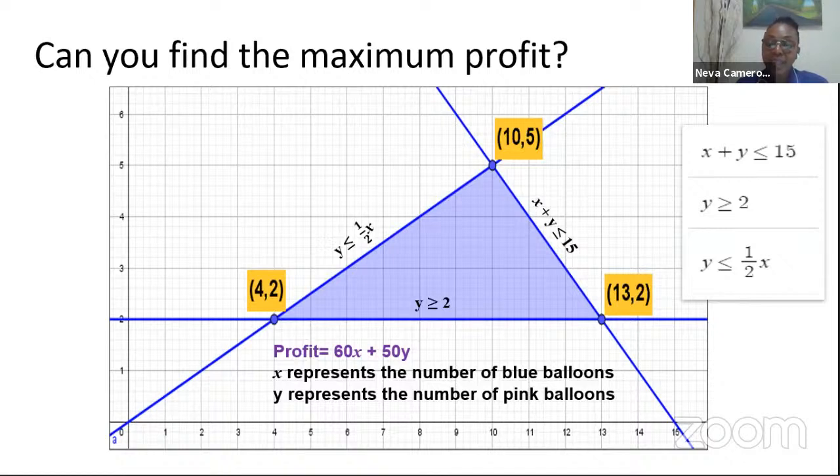So we're realizing that the point at which we will get a maximum profit is when we actually sell 13 blue balloons to 2 pink balloons. Awesome.